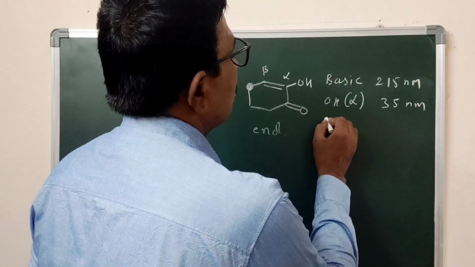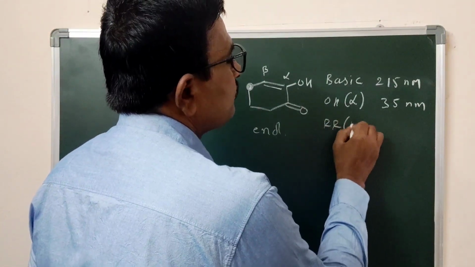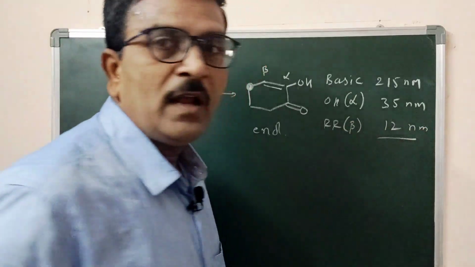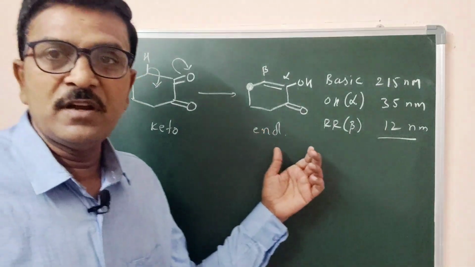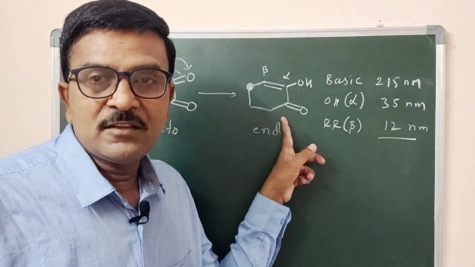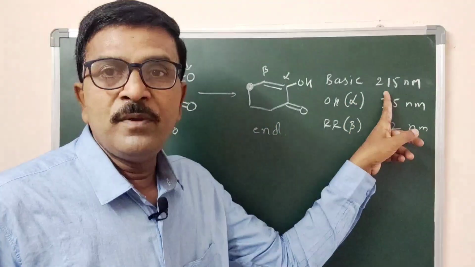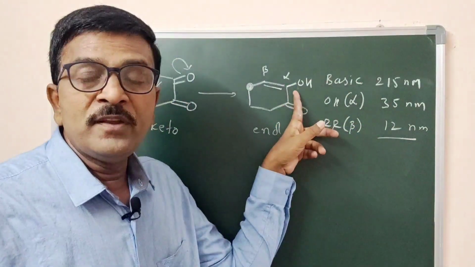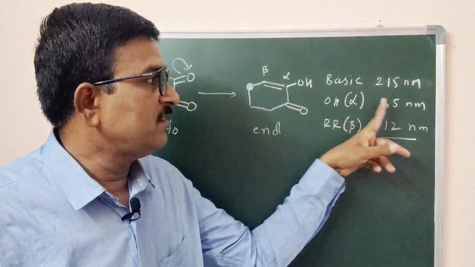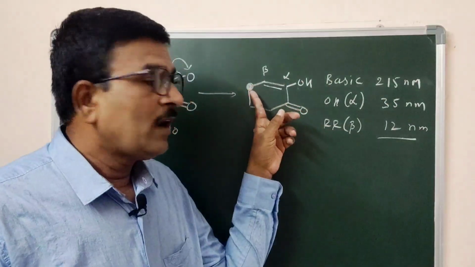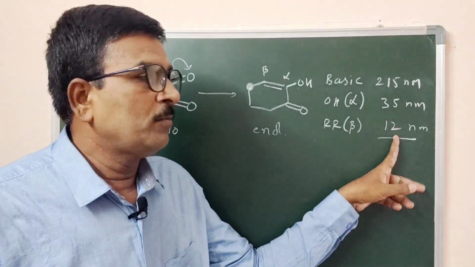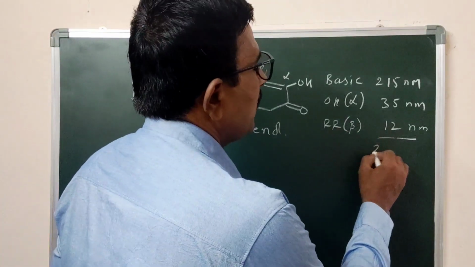Now you can check once again. It is a cyclic 6-membered ketone. The basic value is 215 nanometer. OH group is there on alpha. Its effect is 35 nanometer. One ring residue is attached to beta carbon. The effect is 12 nanometer. It becomes 262 nanometer.